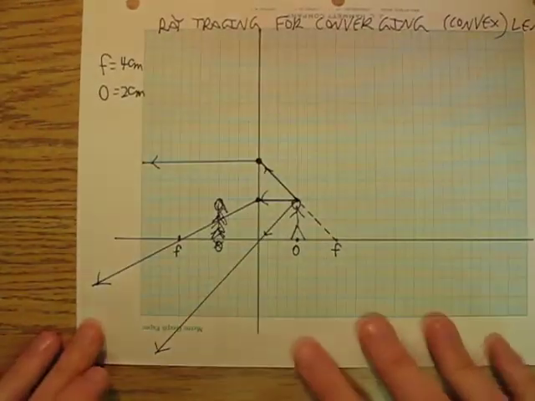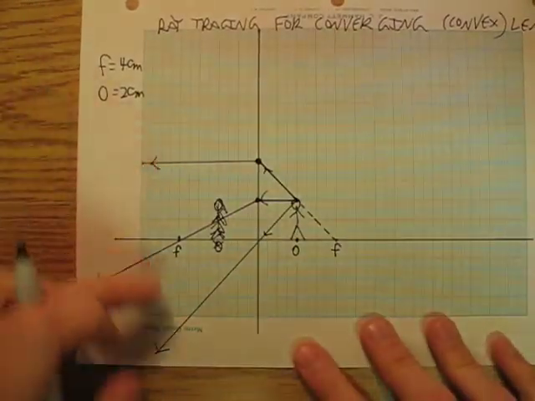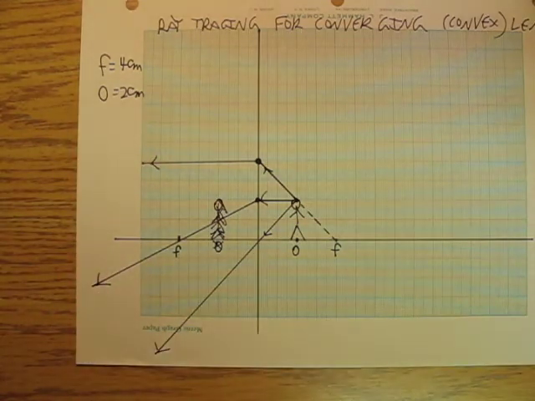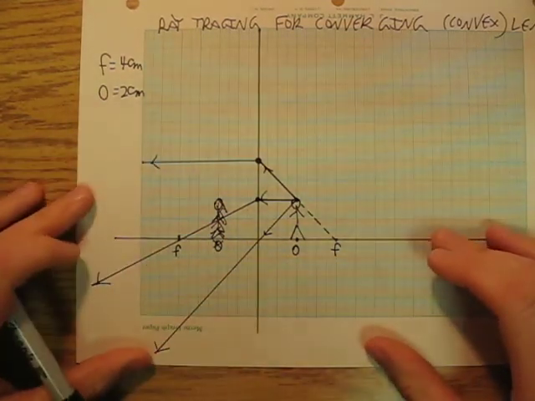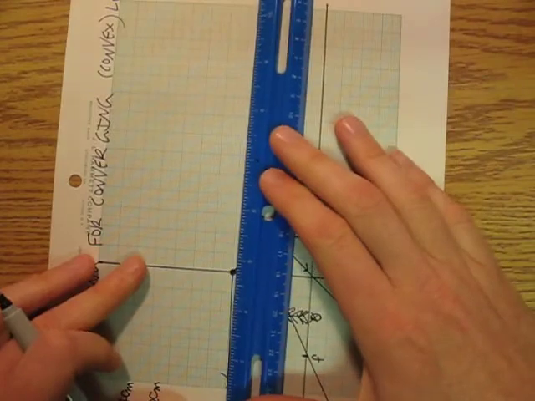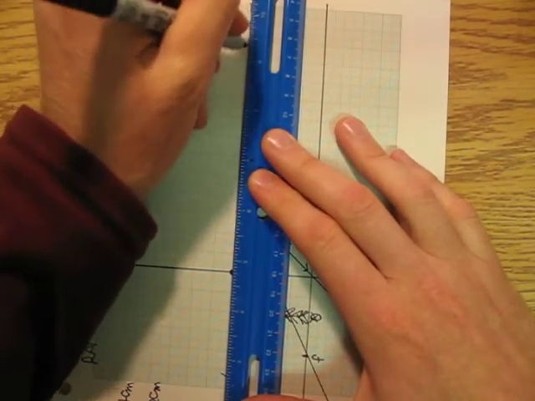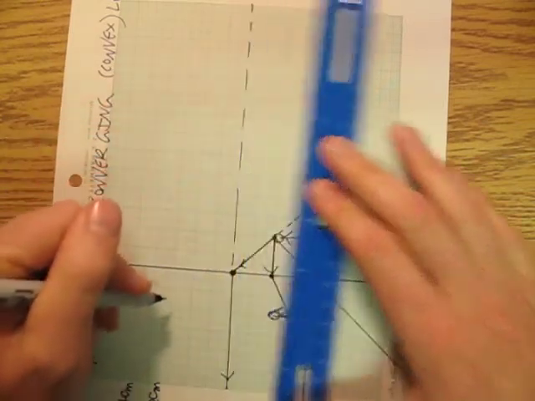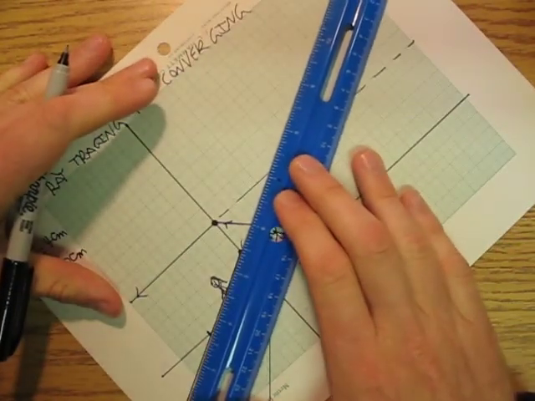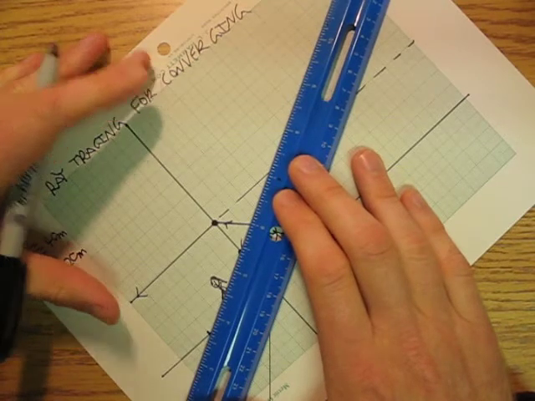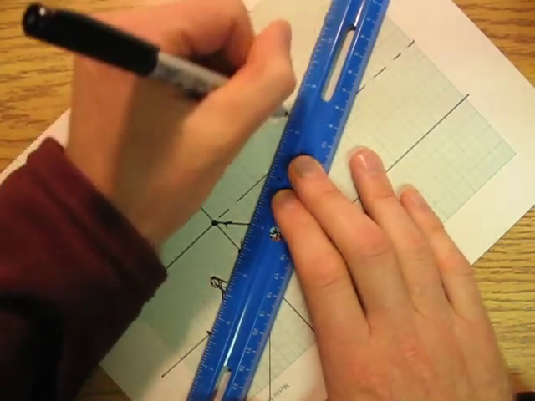And we ask ourselves, where do these three meet? 1, 2, 3. Well, the answer is that they don't meet out here, they meet virtually back here. So I'm going to draw them back, imaginary lines back, because everything is imaginary in virtual land.